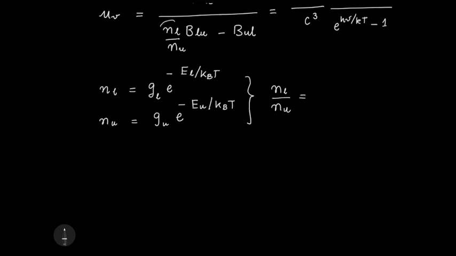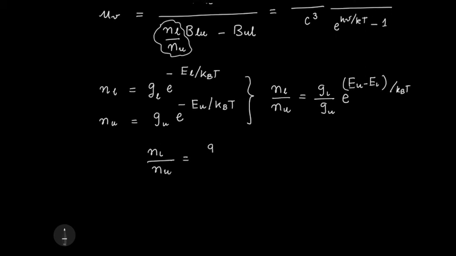Okay. So this gives me NL by NU, which is present here, is GL by GU e to the power EU minus EL by KBT.